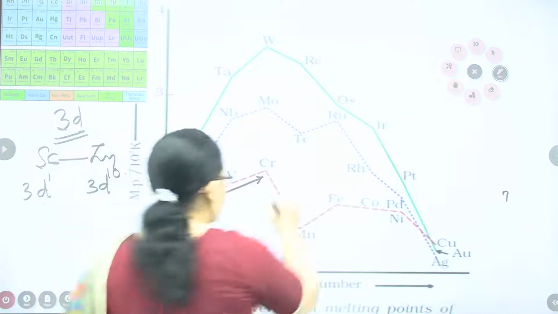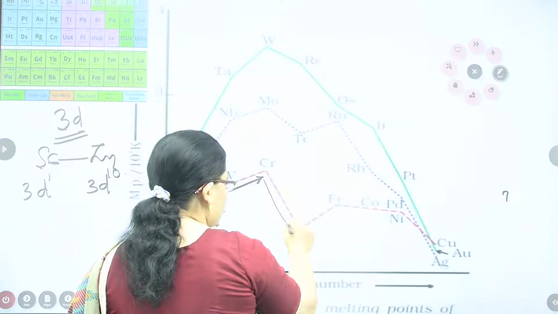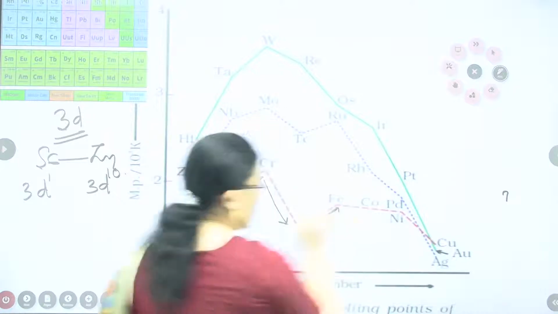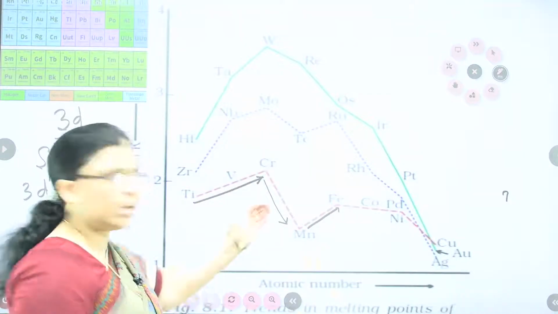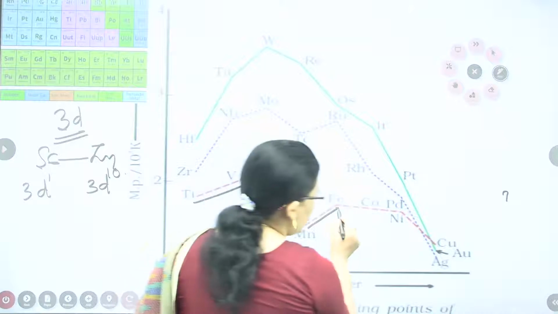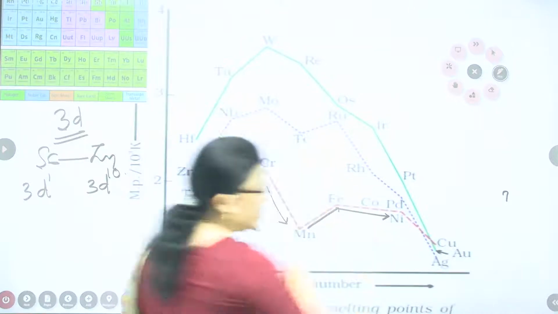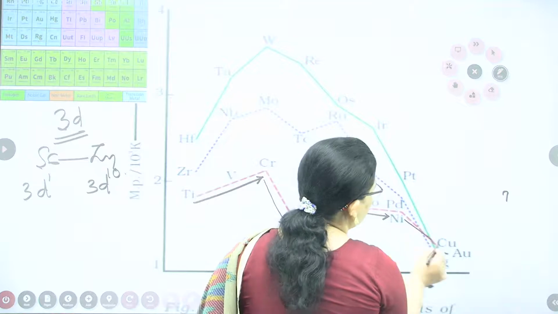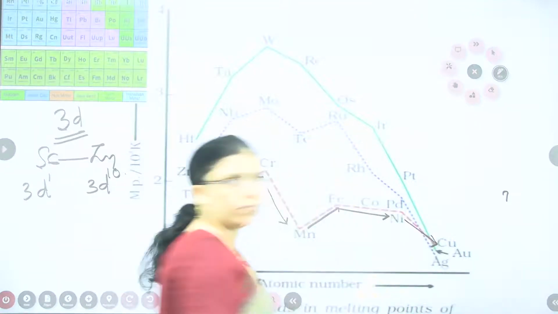But there is a slight decrease from chromium to manganese. From manganese to iron, it remains the same. It slowly increases, but there is not much variation from iron to nickel. And further, it decreases from nickel to copper, copper to zinc.